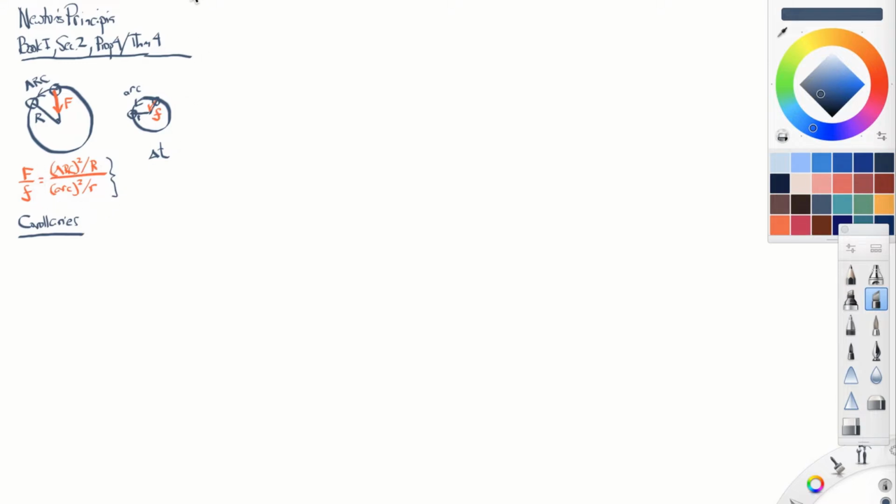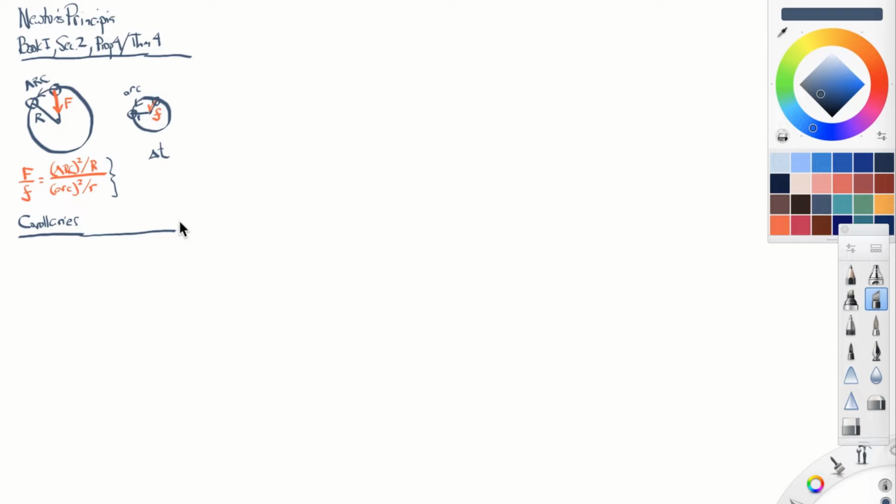It actually canceled out from the numerator and denominator in the course of the derivation. And so this formula does not depend in any way on this being a small time interval. So for instance, if we let the time interval be long, like let's say a second or 2 seconds or 3 seconds, so the arc length is long, we could still measure that arc length and the radius of orbit, find the ratios, and that would tell us the ratio of the forces that are holding these two objects in orbit.